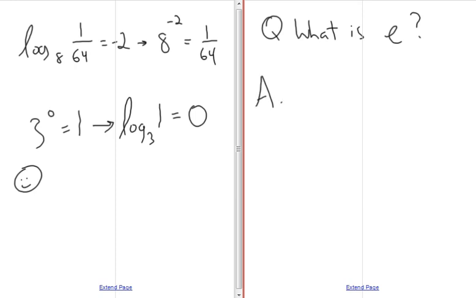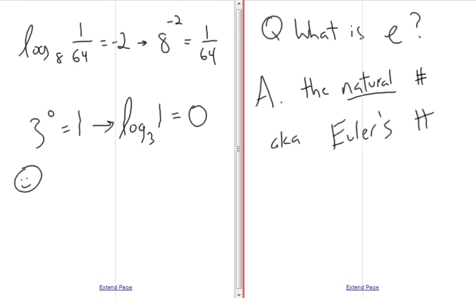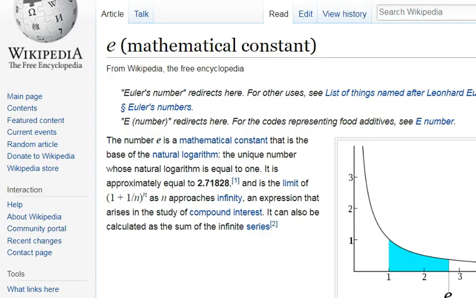All right, so what was that e thing all about? What is e? Answer, the natural number. It's also known as Euler's number. Yes, I said that correctly, E-U-L-E-R, Euler's, named after Leonhard Euler. He's actually got a lot of numbers, a lot of theorems, a lot of things.